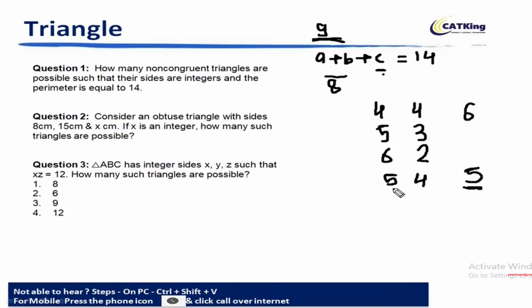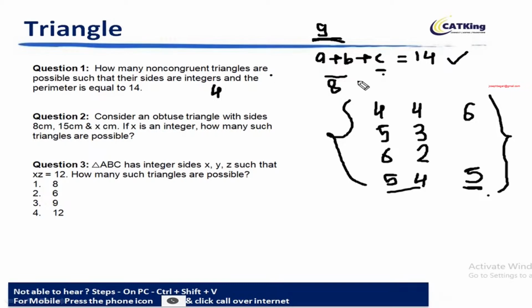So these are the only 4 possibilities which satisfy this condition and form a possible triangle. So the answer to this question is 4. I hope this is clear to everyone. We have used property number 1 here and solved this question.